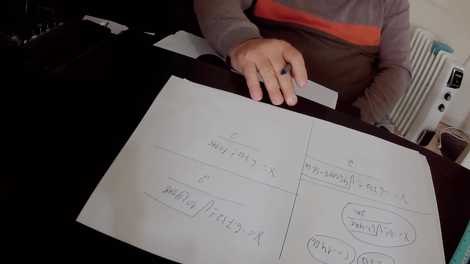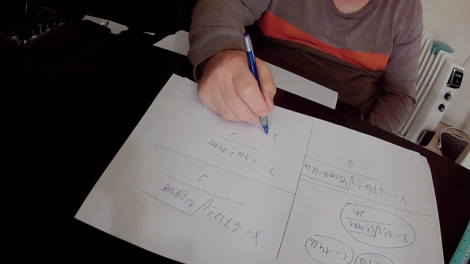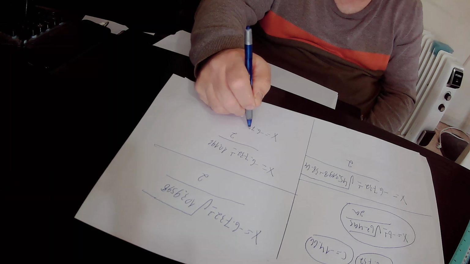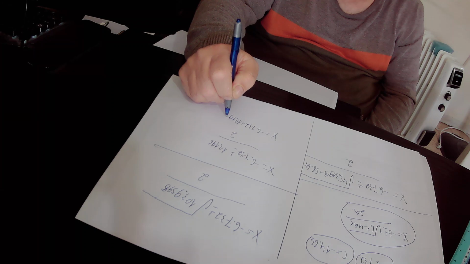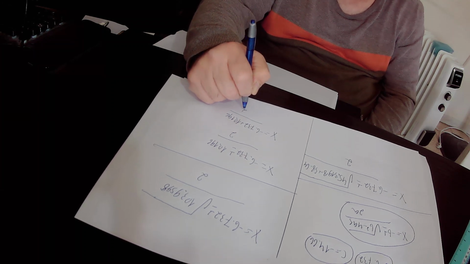According to the positive solution, x equals minus 6.732 plus 10.196 divided by 2.